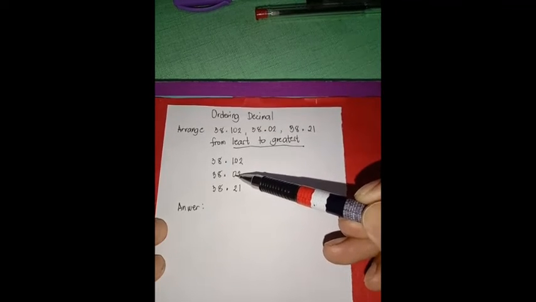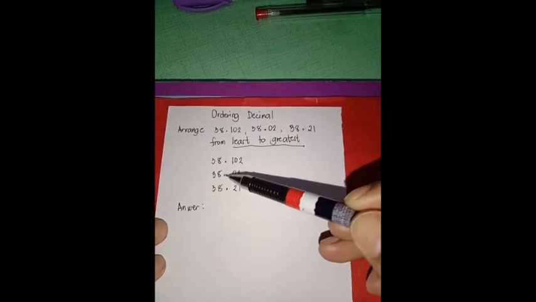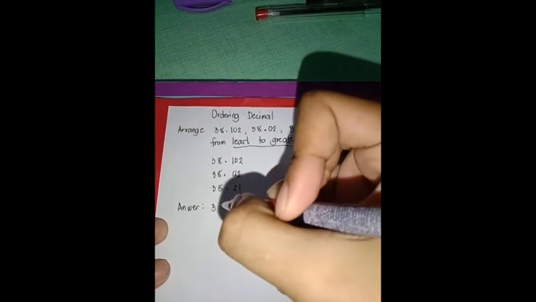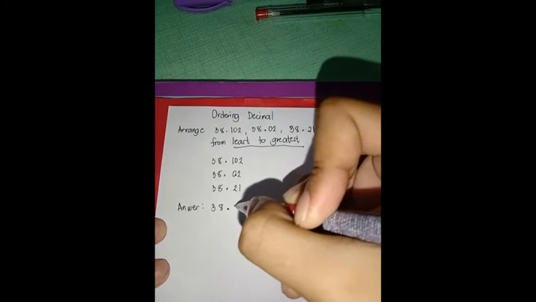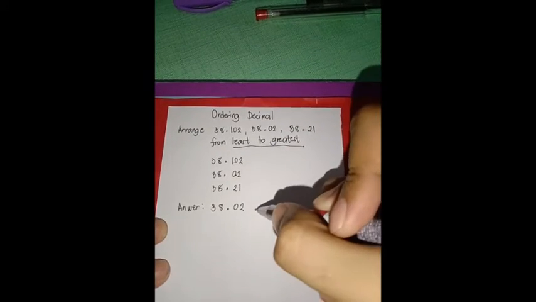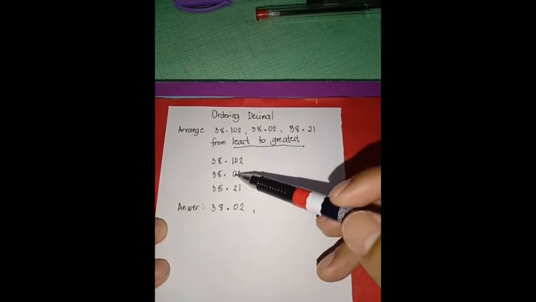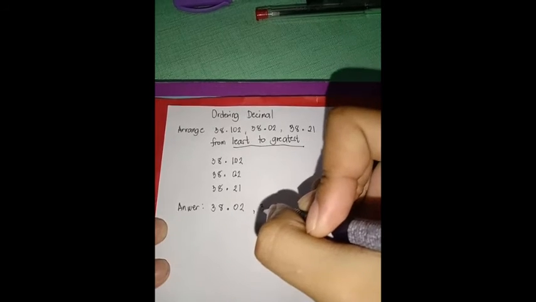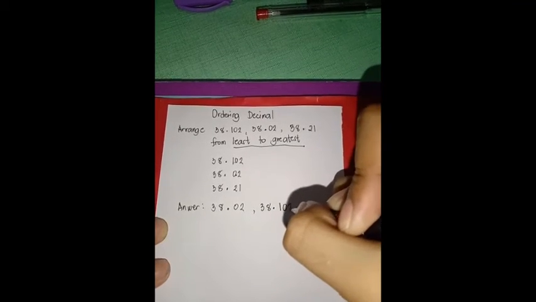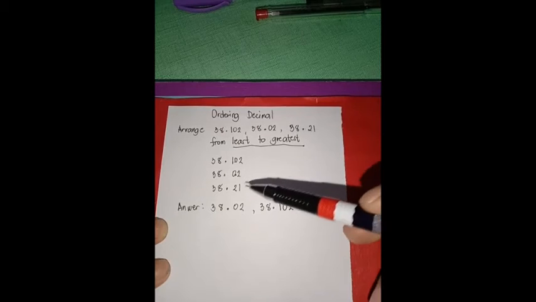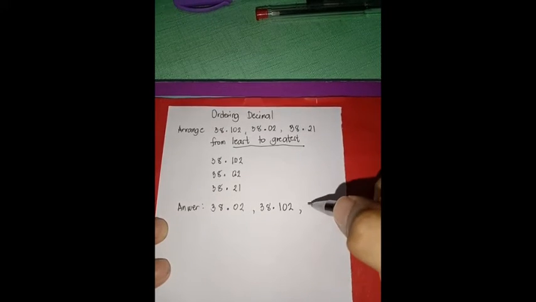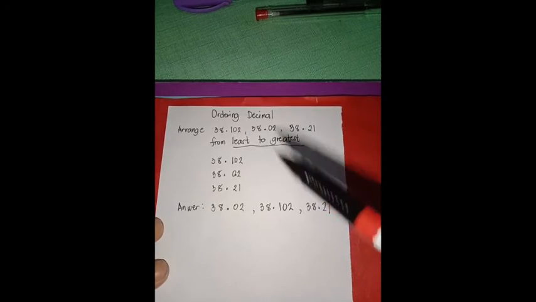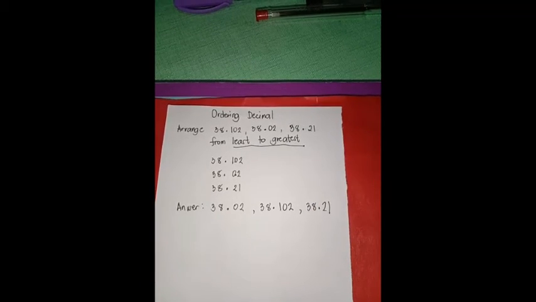So the one that comes first is 38 and 2 hundredths. Followed by 38 and 102 thousandths. And the last one is 38 and 21 hundredths. Therefore, I have arranged it from least to greatest.